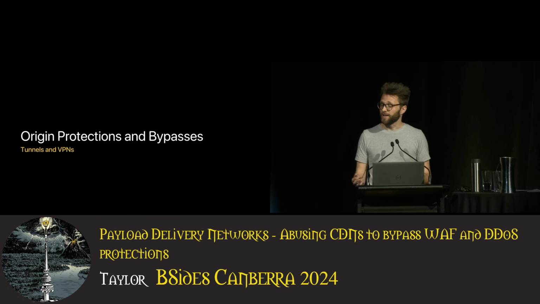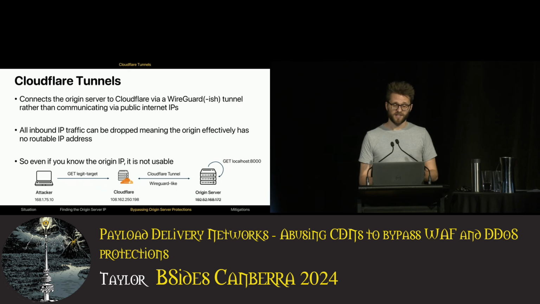Instead, luckily we have other options that are good as well, and that will be sufficient. And this includes tunnels and VPNs, which we're getting to the parts where these are pretty good protections to have. So the first one is Cloudflare tunnels.